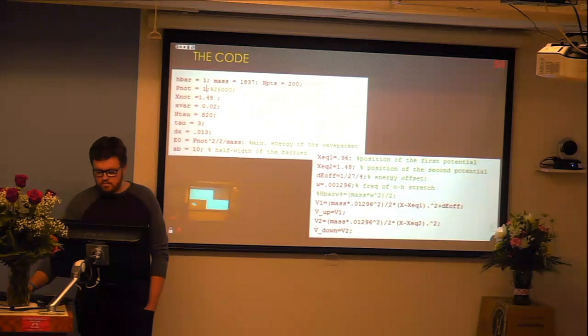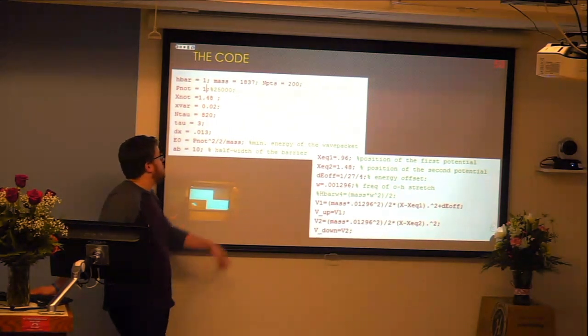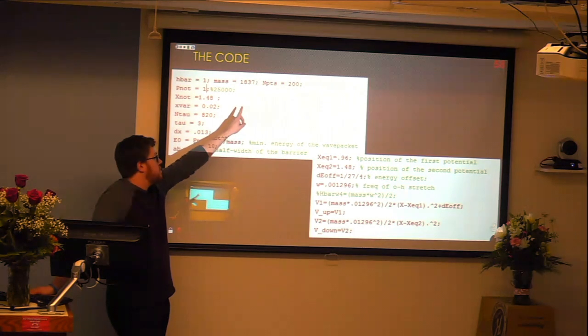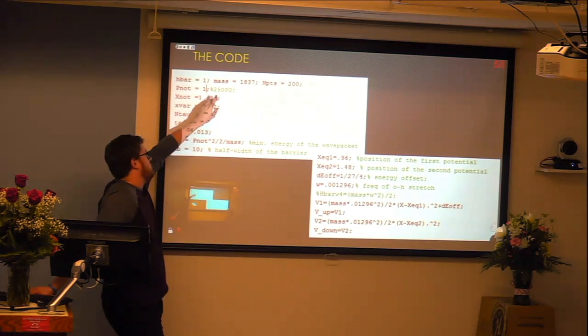So this is the coding that I used right away. For the mass, it is going to be that of just the single hydrogen that we were looking at, because that's the only thing being transferred and moved around from the carbon chain to the metal. And then P naught is what I changed at different points.